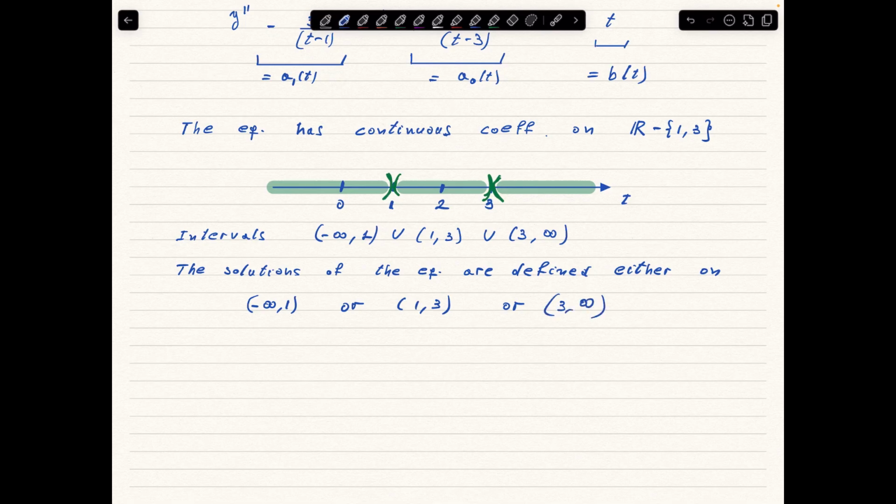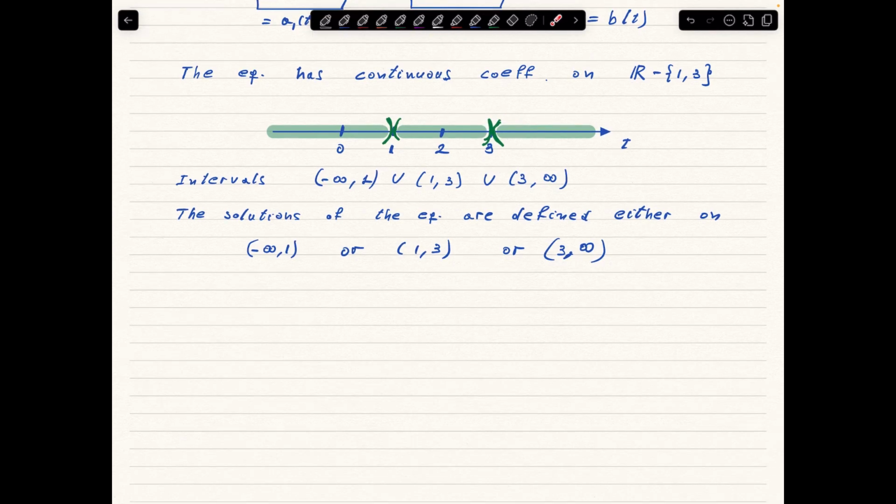Maybe the solution is defined in the union of these intervals. We don't know. For certain, we know that the solution is going to be defined either here, where the coefficients are continuous, or here, or there, wherever the coefficients are continuous. But we don't know if it's going to cross, because there is a discontinuity somewhere there.